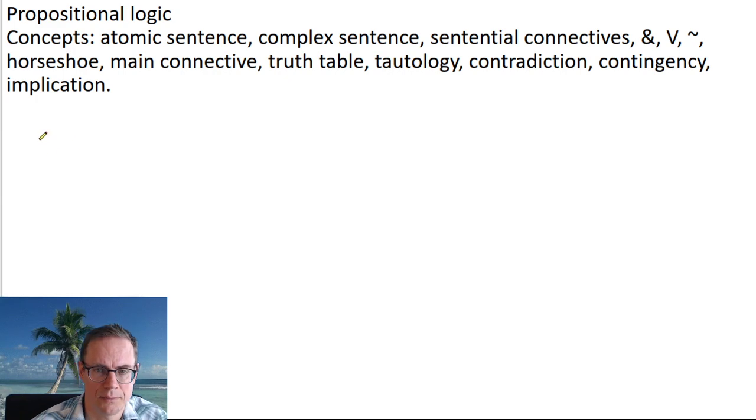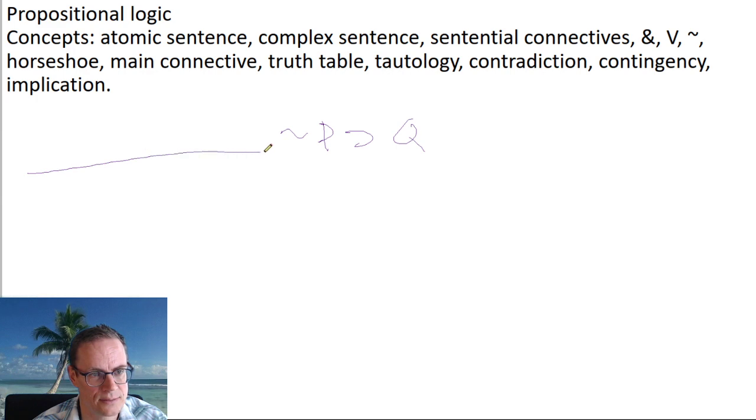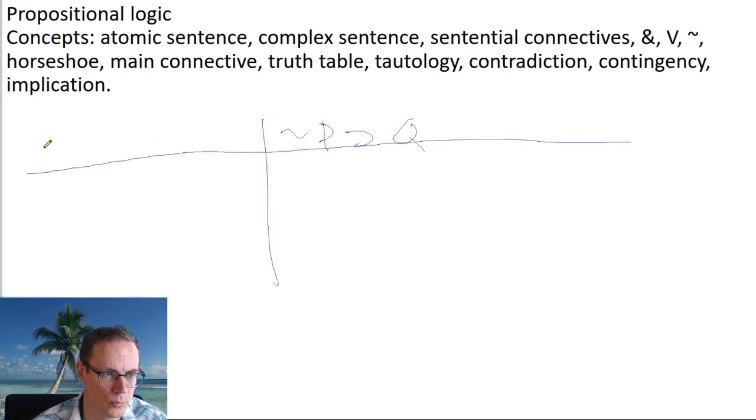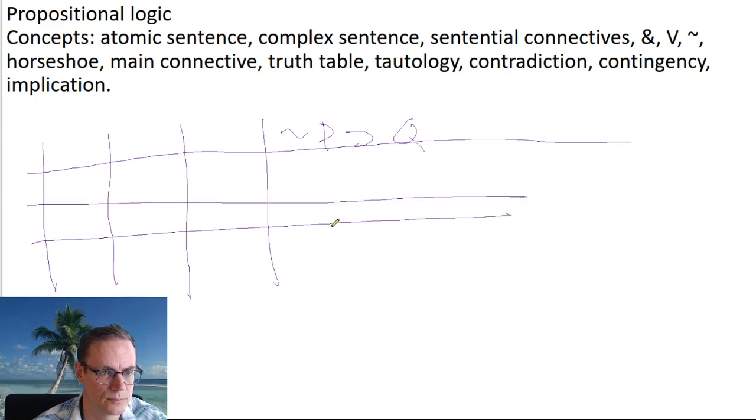Okay, so then the other thing we talked about was truth tables. And if you have a very simple formula, like for instance, not P, horseshoe Q, well, if you want to know what that says, you draw a truth table and you try to build this formula out of its components.